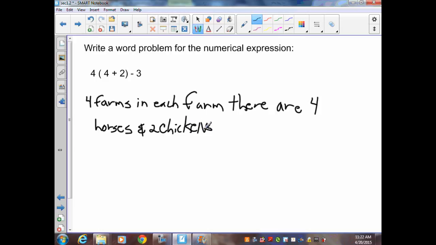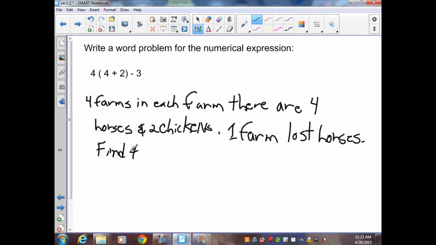And then one day, one farm lost 3 horses. And then I could find the total number of animals. Therefore, I just made up a story that would actually fit this expression.